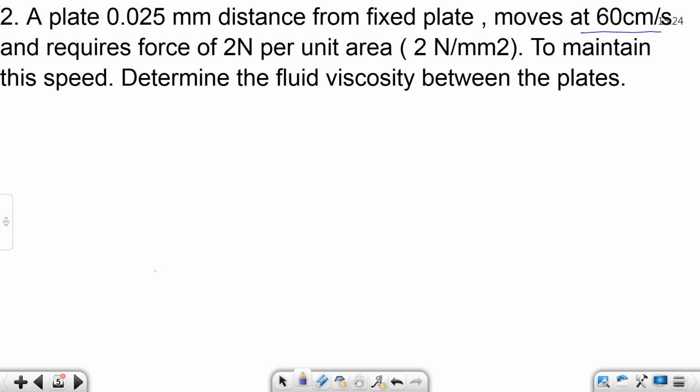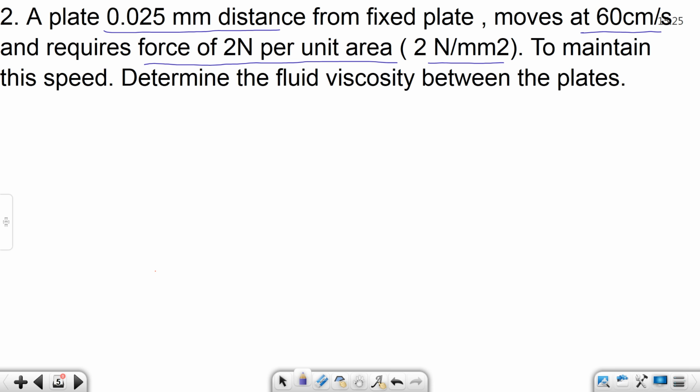The distance between these two plates is 0.25 mm, and it requires a force, very important, it is force per unit area. So this term given as 2 is force per unit area, which I again mention here is Newton per mm square. So it's basically a stress, not exactly force. Tricky sentence, force per unit area, so that value 2 is a stress, not force exactly.